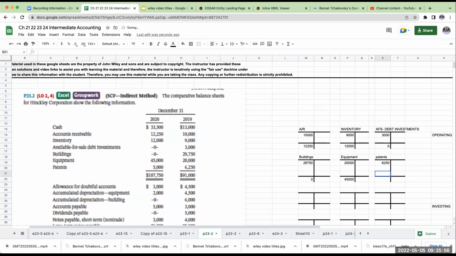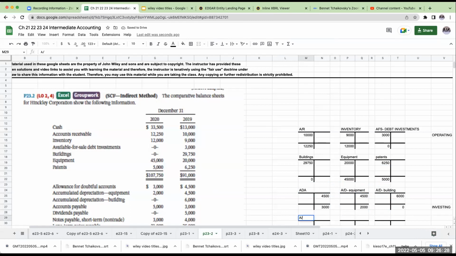Opening of 6,250, ending of 5,000. We have our allowance for doubtful accounts, which is a contra asset account. And then I'm remembering why this problem looks weird, and I'll explain that in a bit. So over here, accumulated depreciation on equipment, 4,500, 2,000. Accumulated depreciation on the building, it is 6,000 and 0.